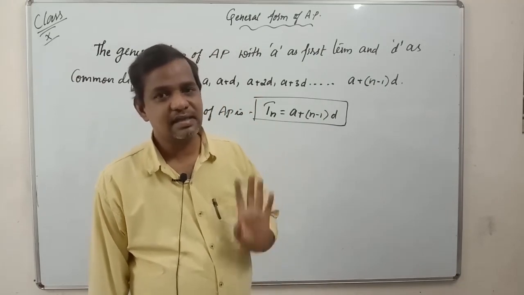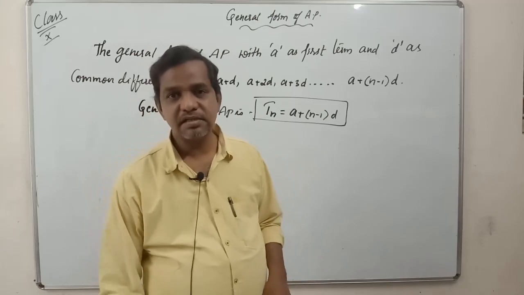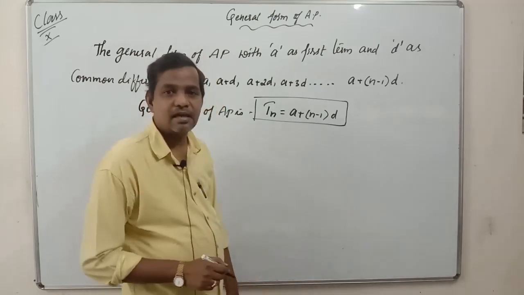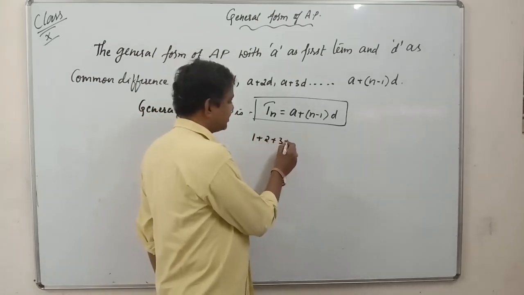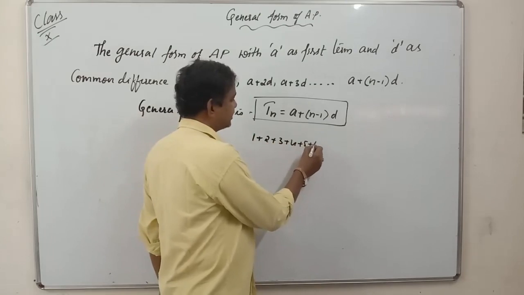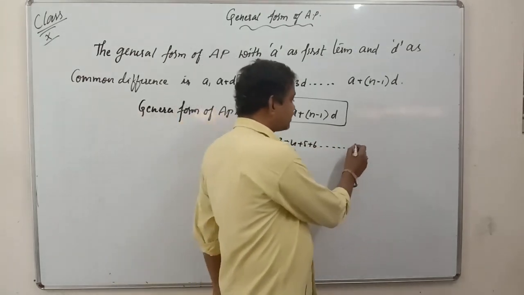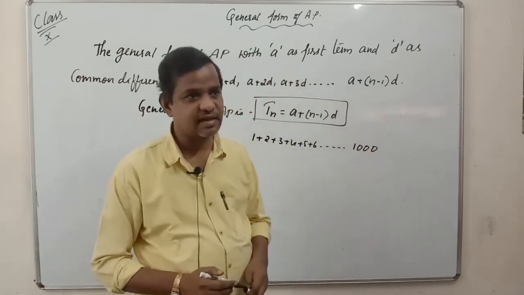So the teacher asked the student to add the numbers, for example, from 1 to 1000. Adding the numbers from 1 to 1000 means 1 plus 2 plus 3 plus 4 plus 5 plus 6, going on adding up to 1000. For example, I am telling you.